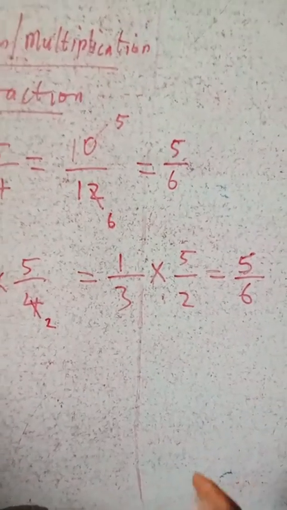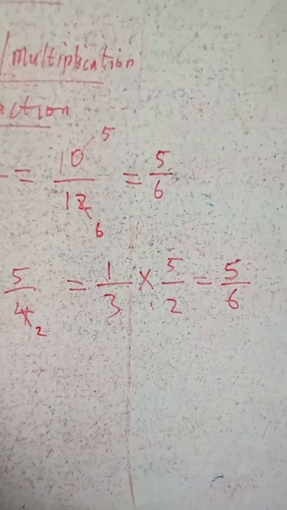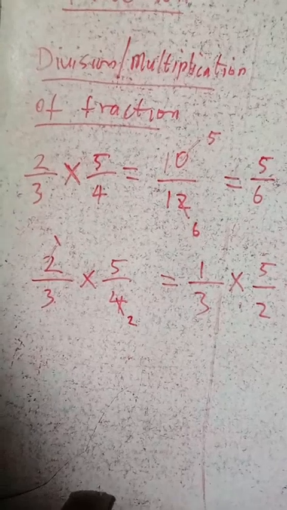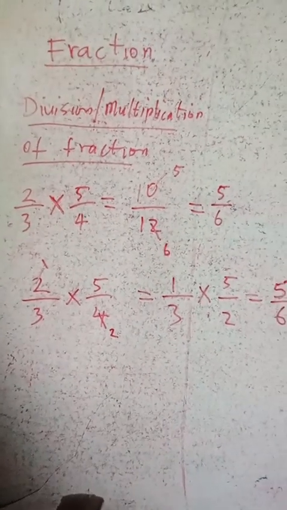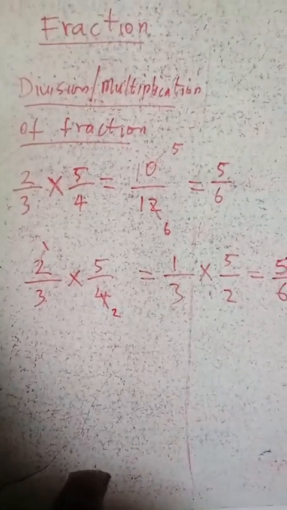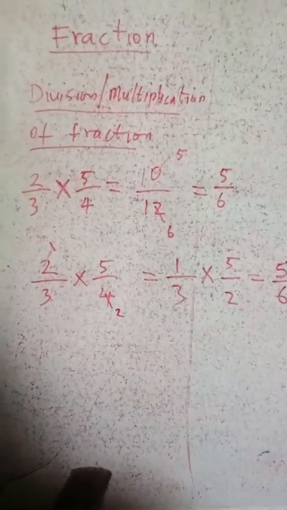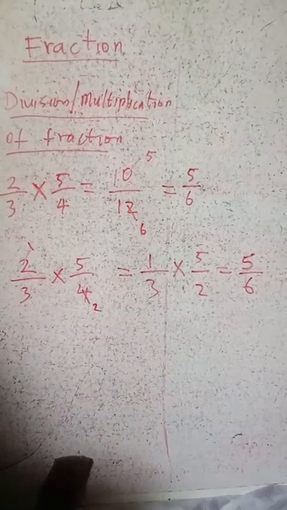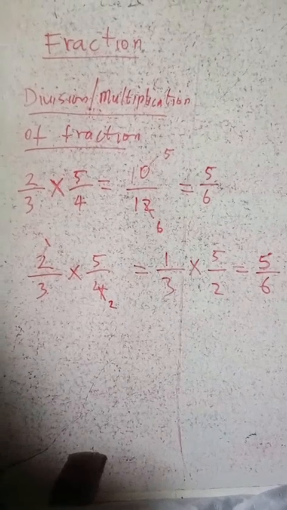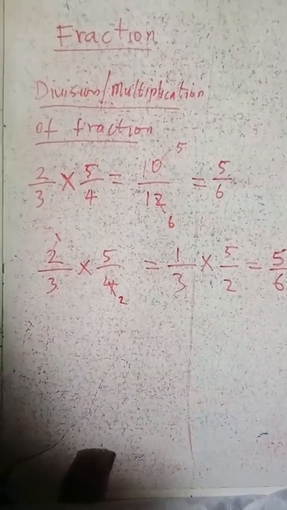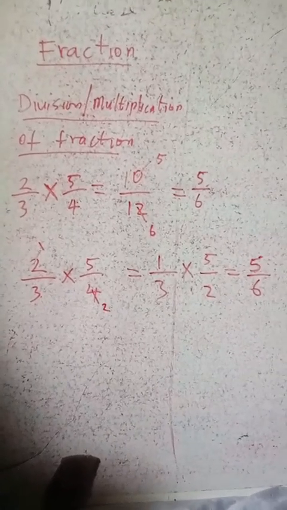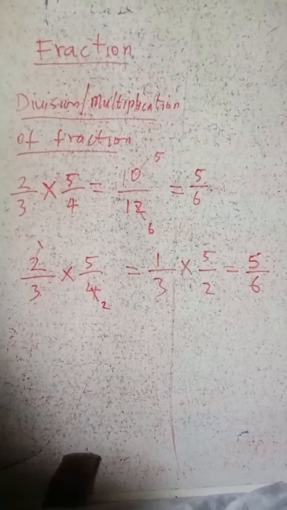We got the same answer, but in the first one, we did direct multiplication of numerator to numerator and denominator to denominator, and when we got the answer, we still tried to simplify it to its lowest form. The second one, we simplified first, so that by the time we started multiplying numerator to numerator, it was already a simple fraction. Are you seeing it?